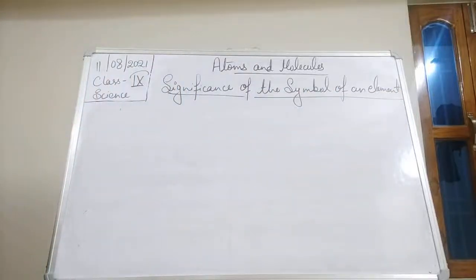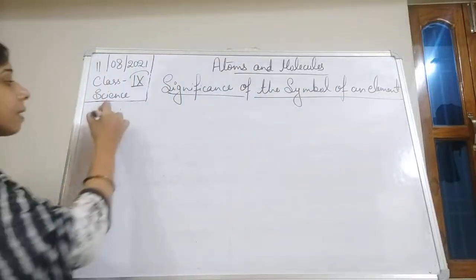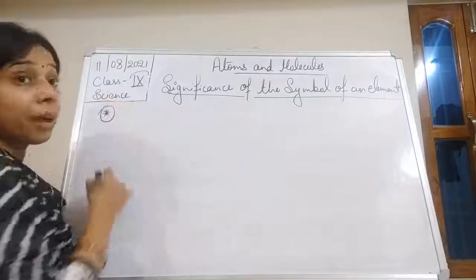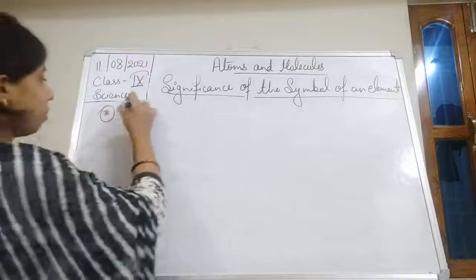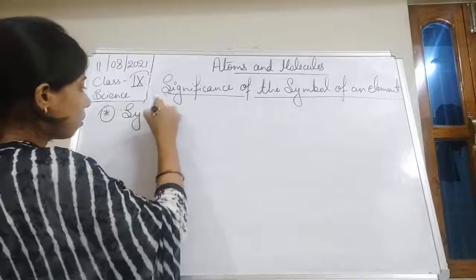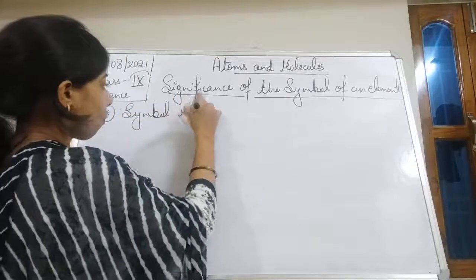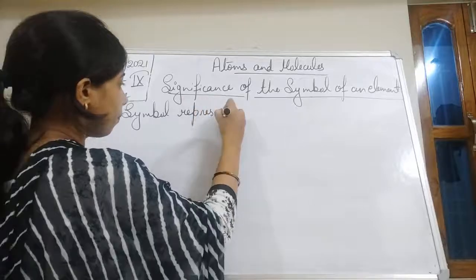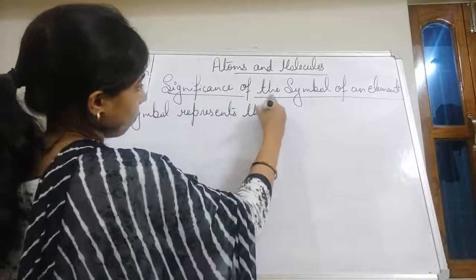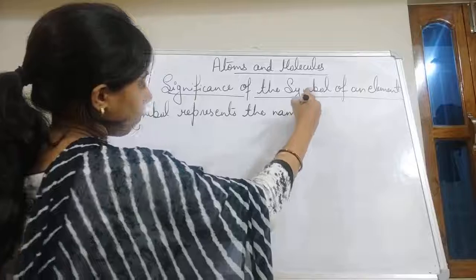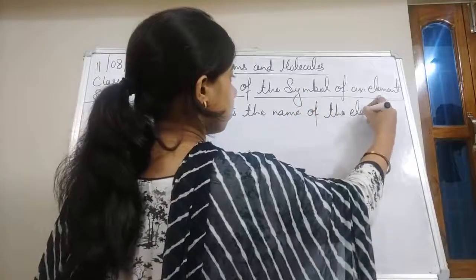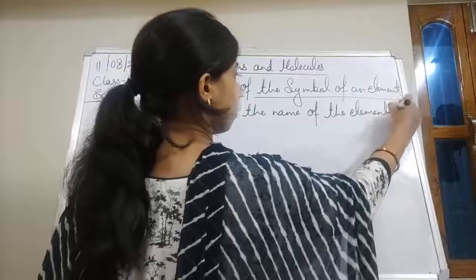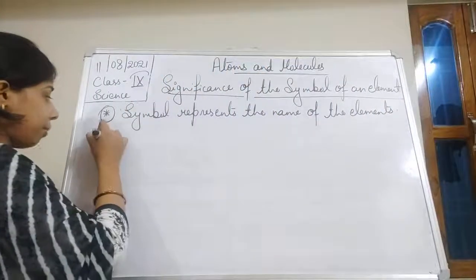Significance of the symbol of an element. The first one is that the symbol represents the name of the element.